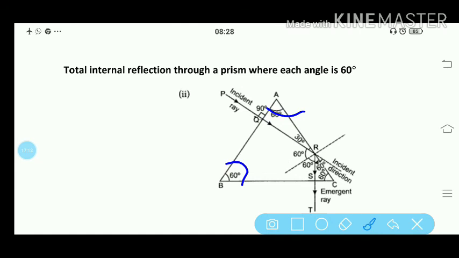Now in this figure, suppose a ray of light PQ is incident normally on the face AB. So this PQ is coming undeviated, that means it will pass straight and strike this surface at this point R. So here we will draw this dotted line as the normal. Now consider this triangle.